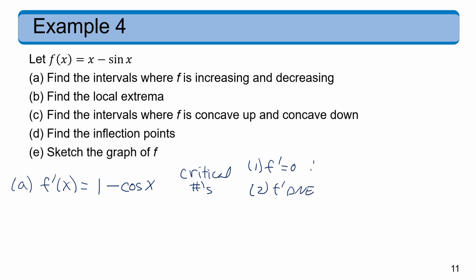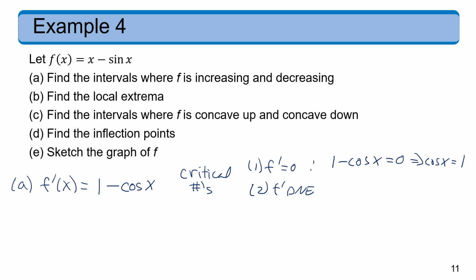So take our formula, set it equal to 0, solve for x. So first thing we do is we get cosine x equals 1. Now we have to use some of our trig knowledge to think about values of x, which is like the angle, find the angles that have a cosine value of 1.